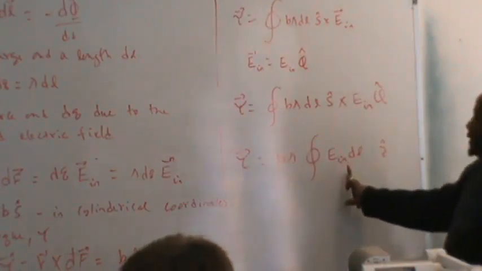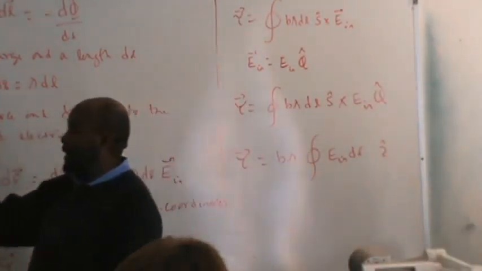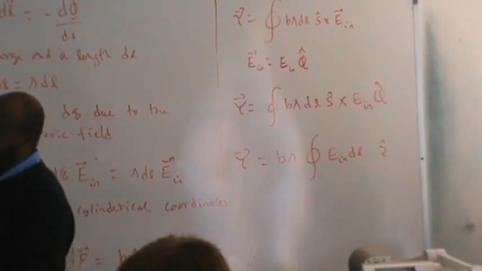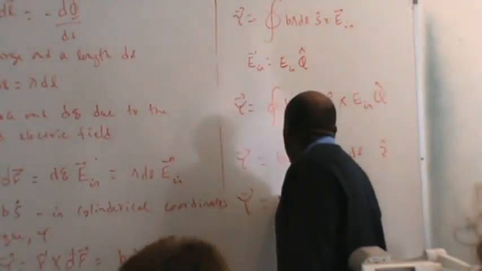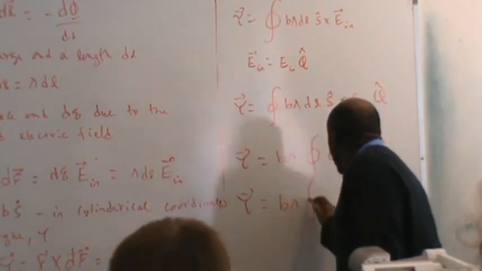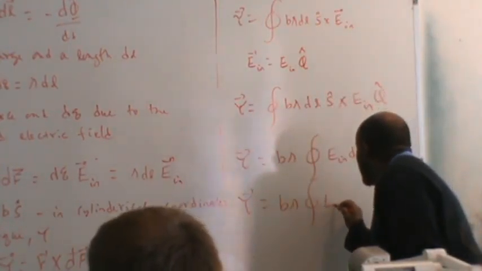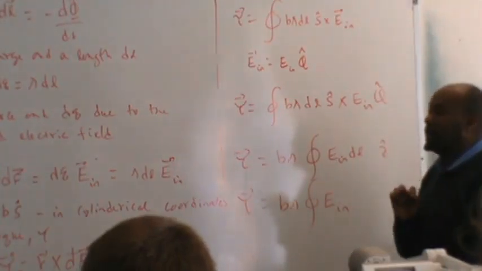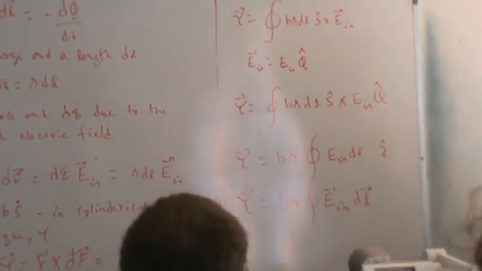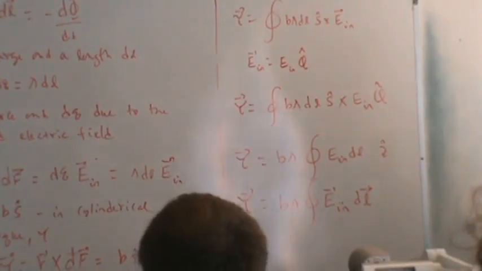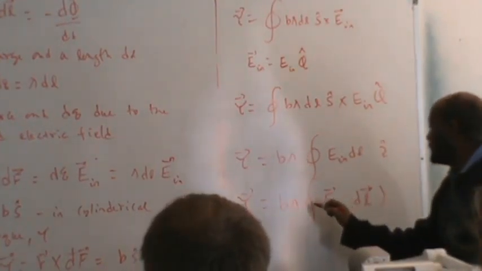Now, you know that the electric field is going to be in the phi direction, and dl is also in the phi direction. So I can write this as tau equals b lambda integral over a closed curve of the induced electric field dotted with dl. You agree?